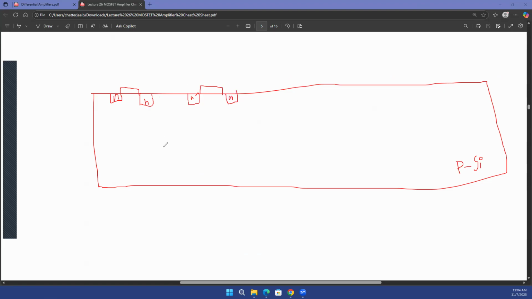Now, interestingly, you see that the body terminals of both of these NMOSes are the same. It's this big p-type silicon. The entire wafer is the body of the NMOS. So which NMOS's body will you connect to the source? Maybe this source has source degeneration, so you're connecting a resistance to it, so this voltage is non-zero. But in this case, maybe this source is directly connected to ground.